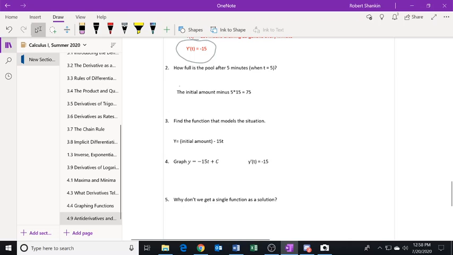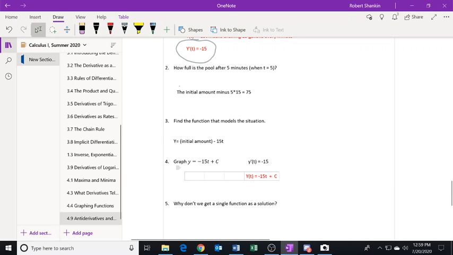That led us to y of t equals negative 15t, because when you take the derivative of negative 15t, you're going to get negative 15. But if you also take the derivative of negative 15t plus any constant c, you'll still get negative 15. Because the derivative of a constant is always 0.